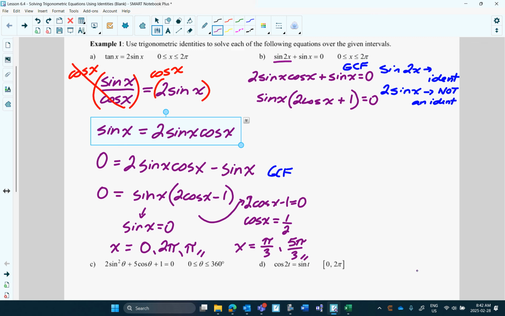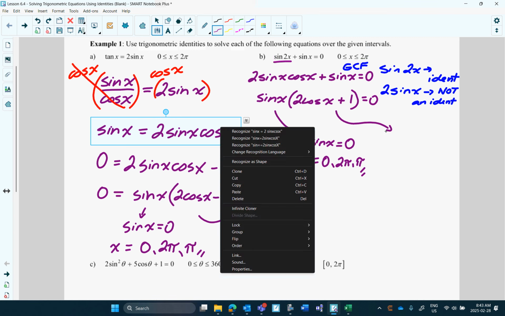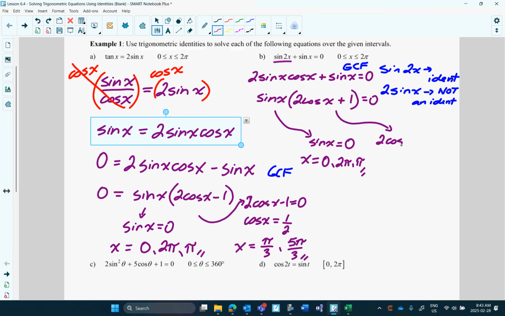So almost identical. Sine x, and again, I'm looking in radians, equals 0. We solved that one in the previous. X is going to be 0, 2 pi and pi. 2 cos x plus 1 equals 0.